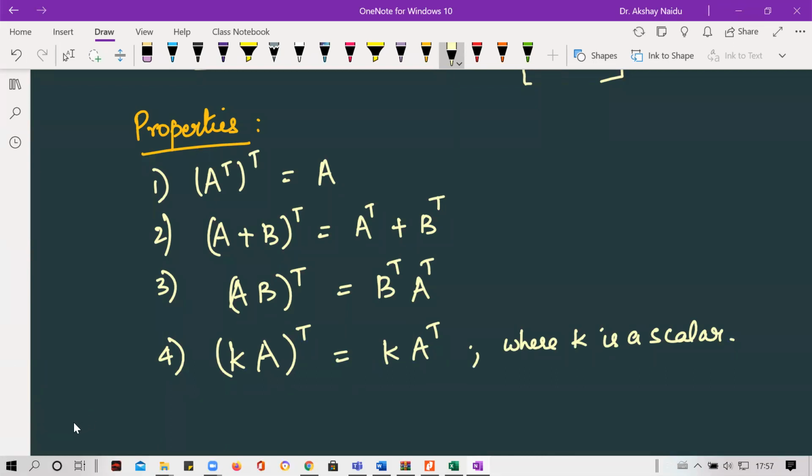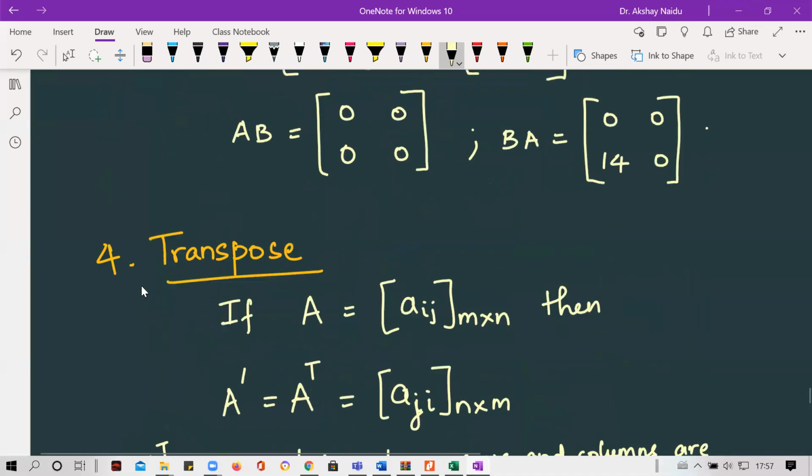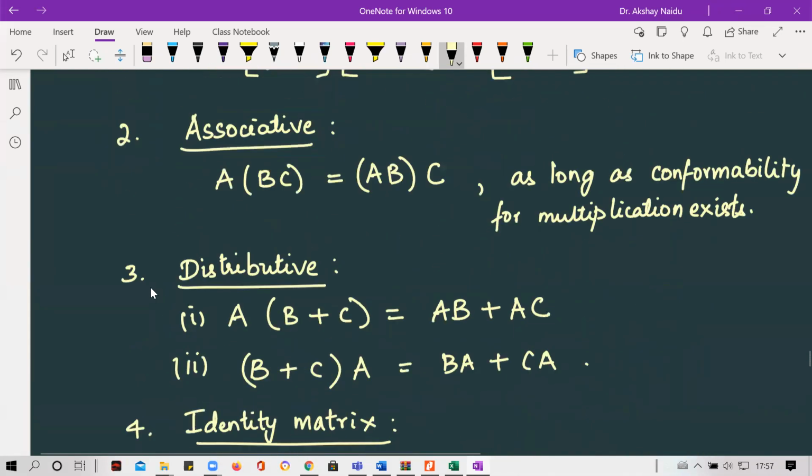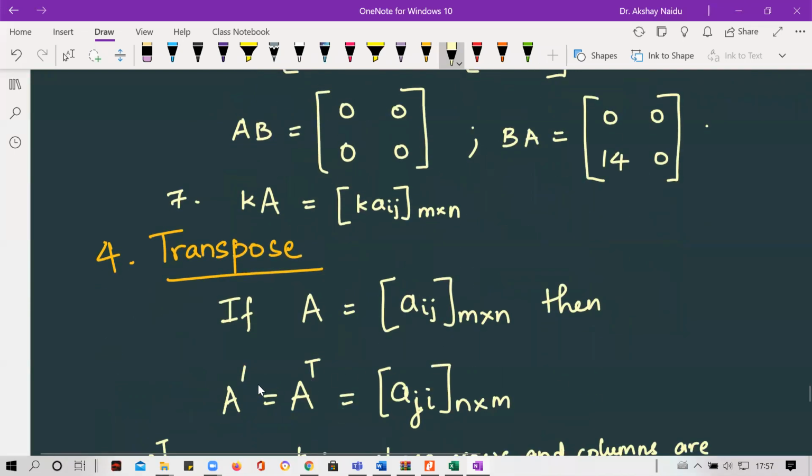So these are properties. One important thing about scalar multiplication, which I missed in properties of multiplication, I should have written here. See, K times a matrix A is the same as you multiply every one of its elements with that K. That is the scalar multiplication.